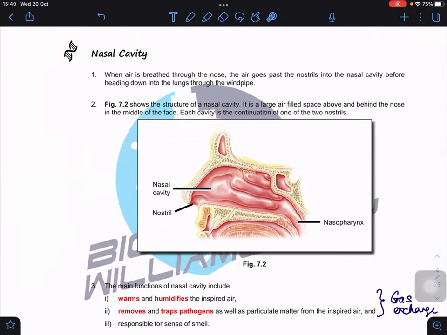The beating and sweeping actions of the cilia help remove the mucus. So this is how they clean the air. How do we warm the air? The nasal cavity is rich in vascular supply, so with this vascular supply we are able to warm the air.